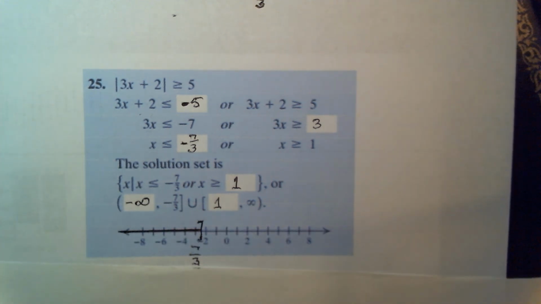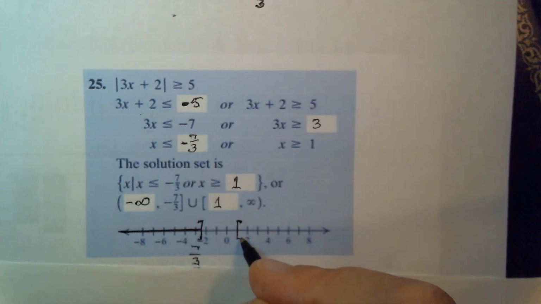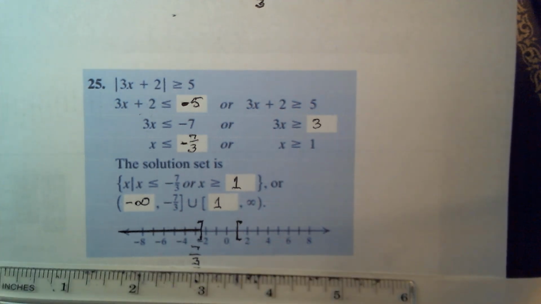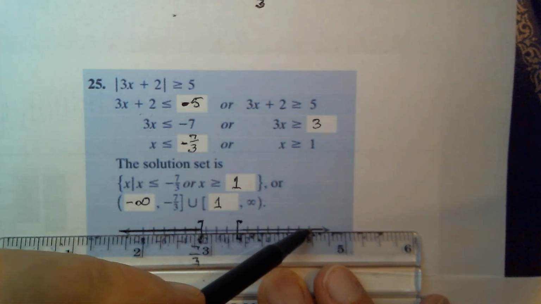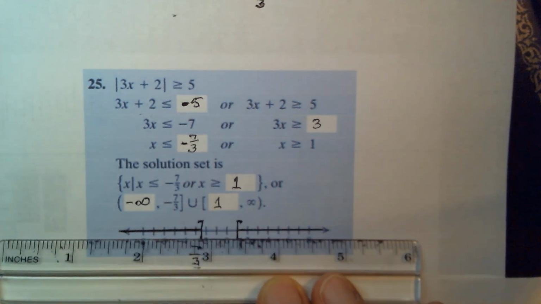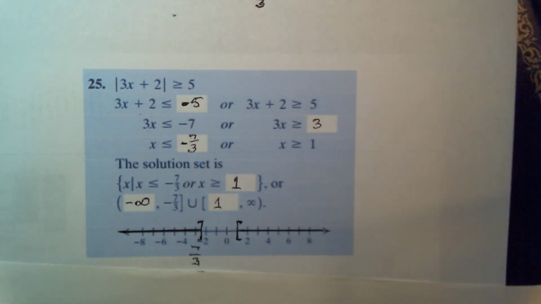And then the other part is from 1 with a bracket all the way to the right. So there would be the graph of the solution. This is the conclusion of section 1.6.